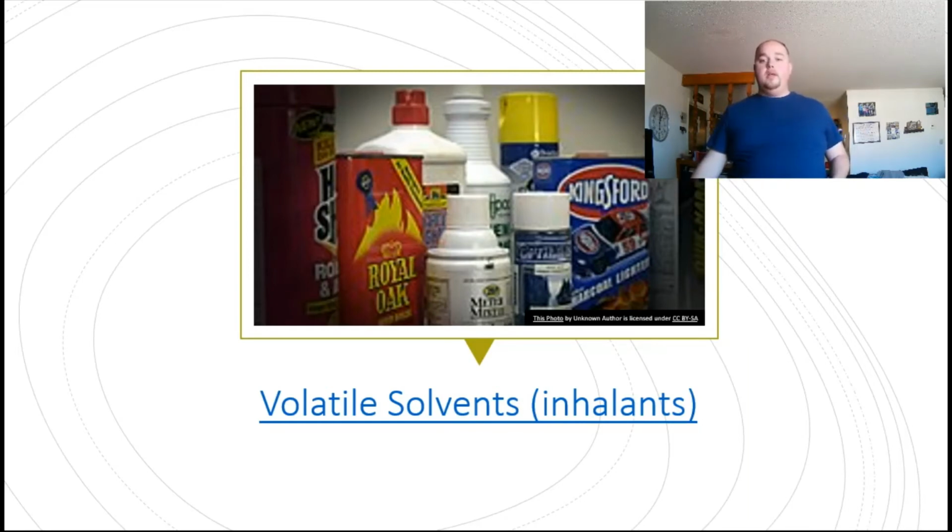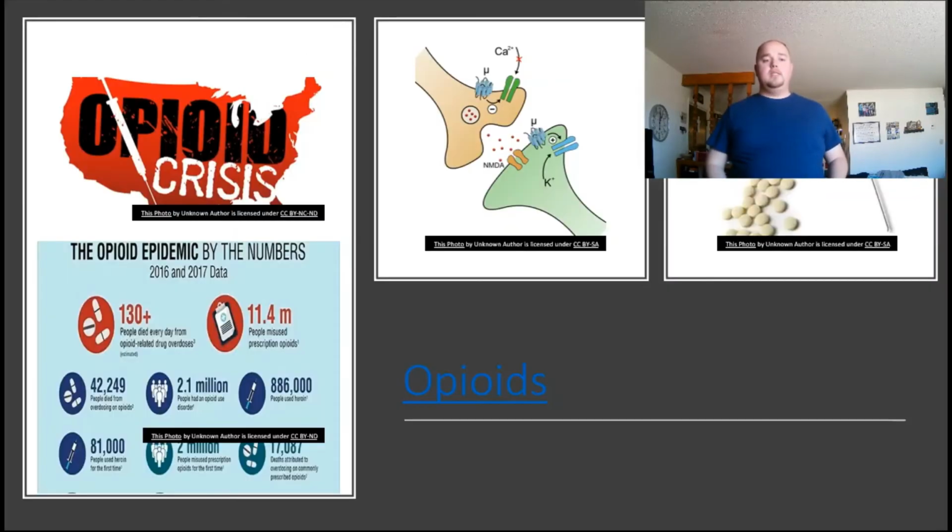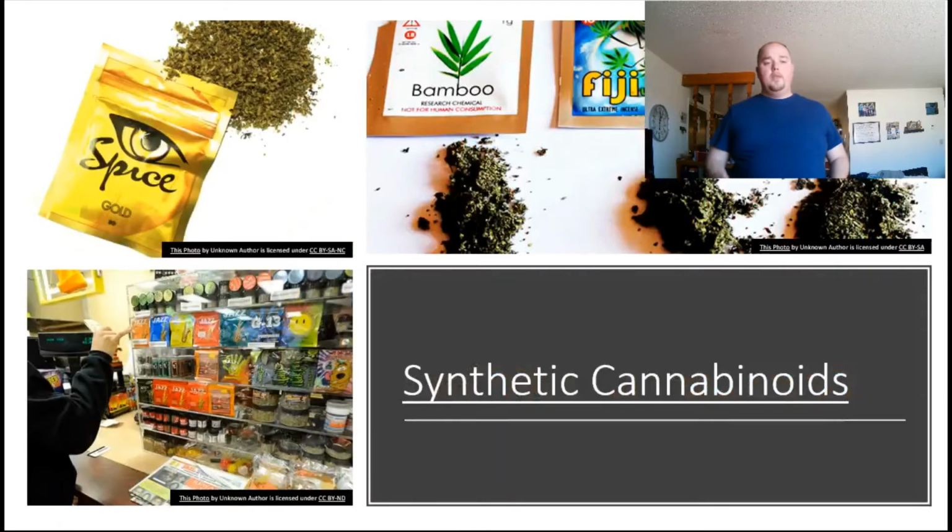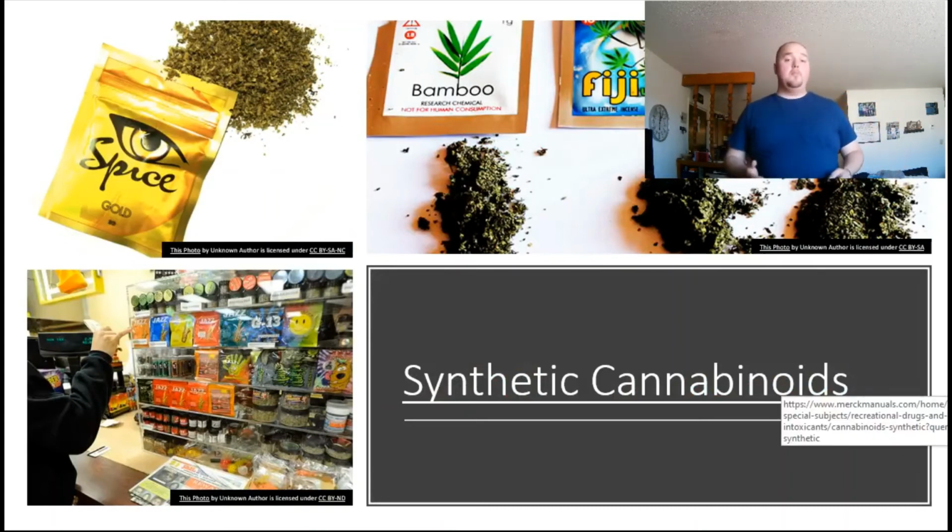And then finally, a couple others that we have here that may not have been covered in past EMS classes, but we also have synthetic cannabinoids. These are becoming a crisis in America because of K2, Spice, whatever brand is with it. Synthetic cannabinoids are like marijuana, which we're going to talk about here very quickly, but Spice and K2, they're a synthetic form.